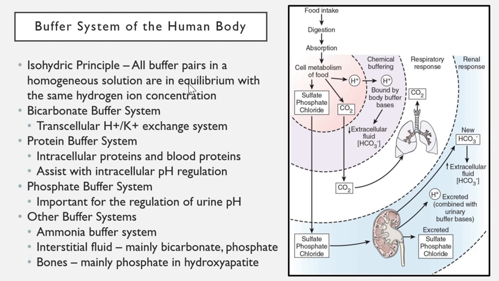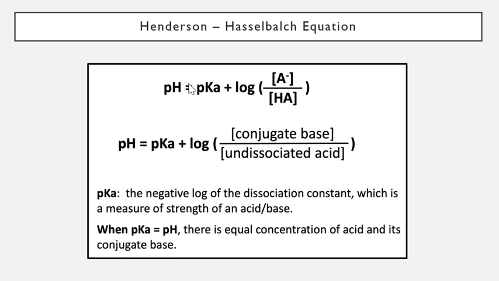We all know that there are amino acids that are acidic and amino acids that are basic. It's just side reactions with those chains, mostly. There's also your phosphate buffer system, which is a whole other buffer system. It's a lesser contributor. And there's also ammonia, interstitial fluid, bones. There's a lot of stuff that can absorb and release hydrogen ions. We're going to focus exclusively on the carbonate system today.